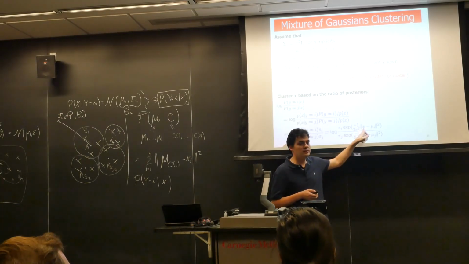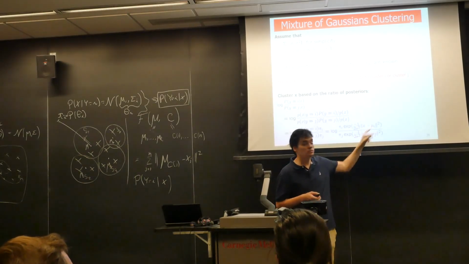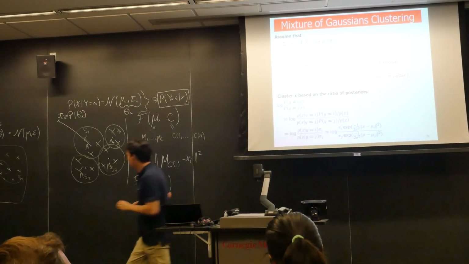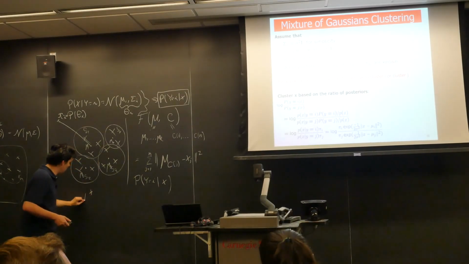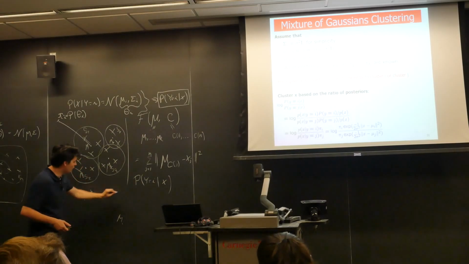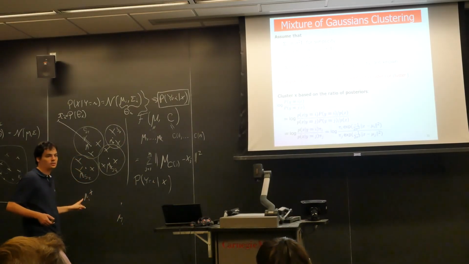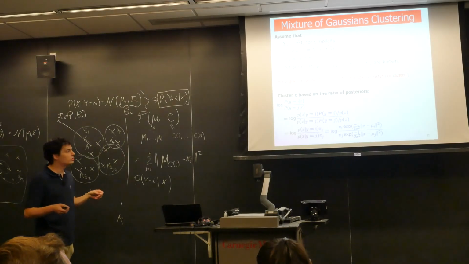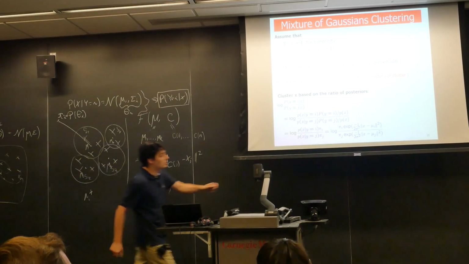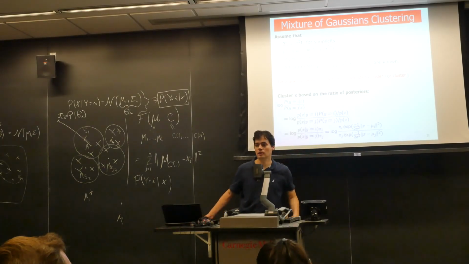For a given x, I want to decide whether it belongs to cluster I. So say here is mu I, here is mu j. For a given x, I want to decide whether it belongs to this point or this point. And my question is, what does the decision boundary look like in this case?